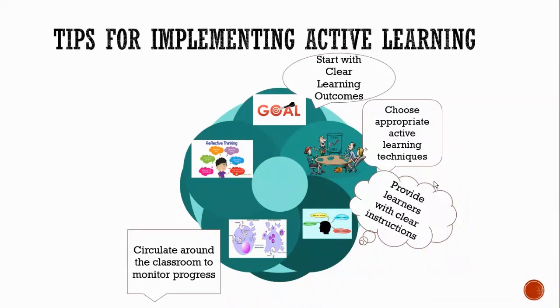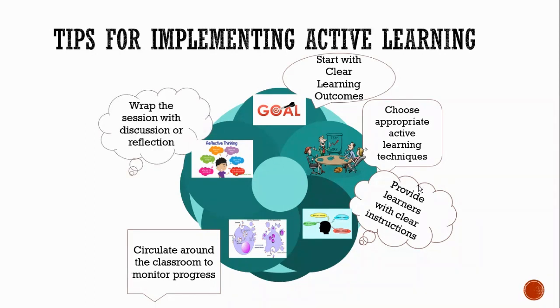So always don't just stick in one area, move around the class so that you're able to monitor progress. And the last bit is always wrap your session with discussions or reflections. So there are different techniques you can use for discussion or reflection.